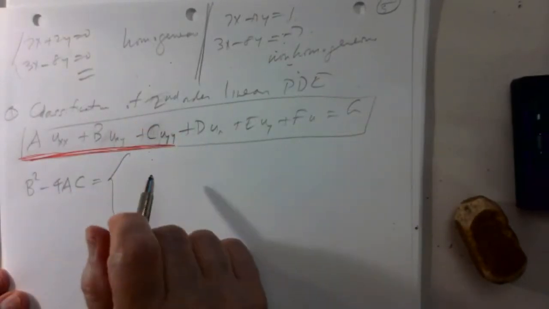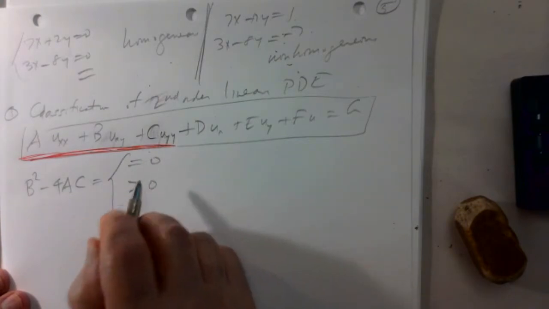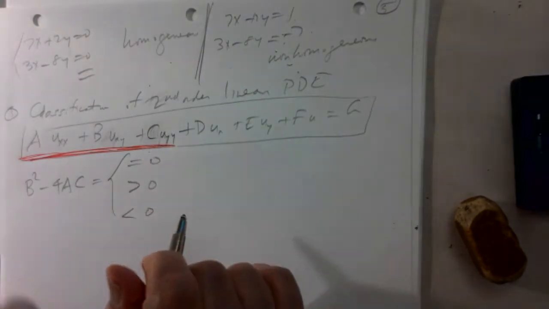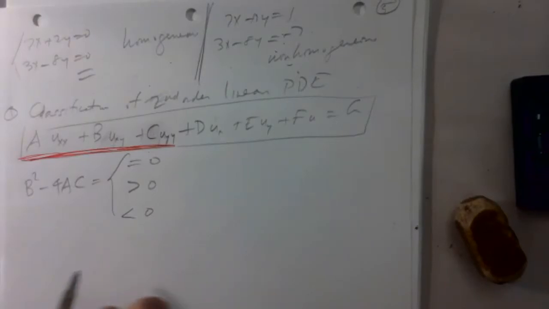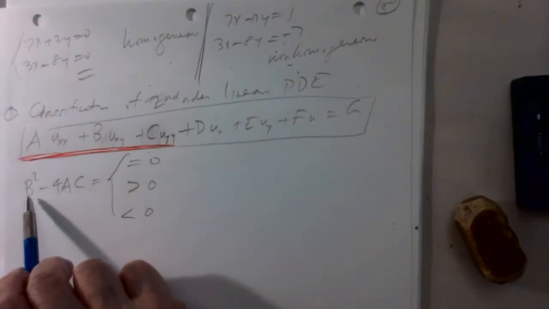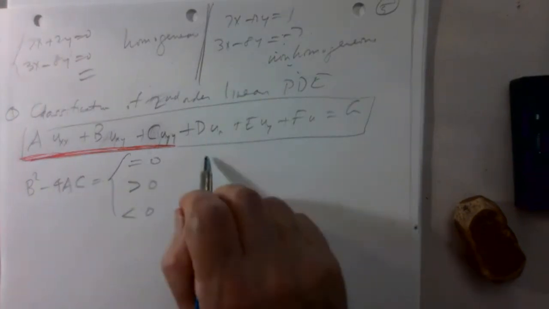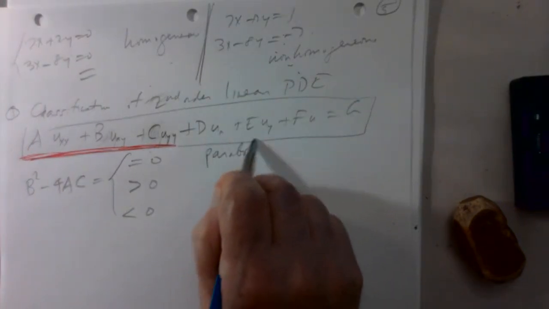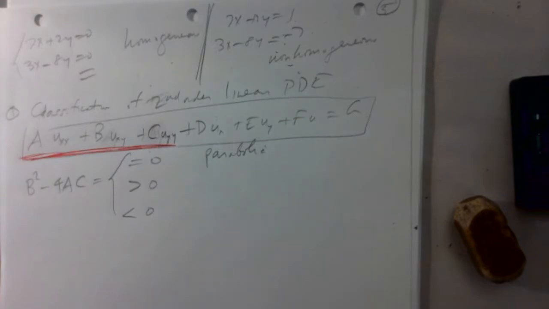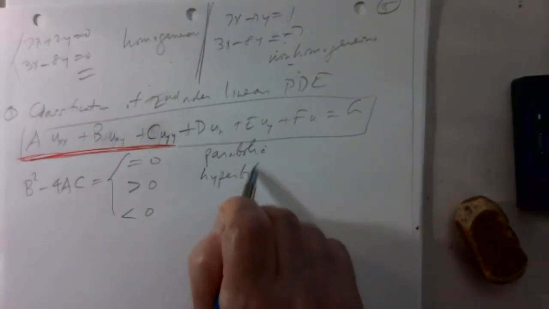And there are three possibilities. It could be equal to 0, could be greater than 0, or could be less than 0. And we classify second order linear differential equations by the value of b squared minus 4ac. If this equals 0, the equation is called parabolic. If it's positive, it's called hyperbolic.